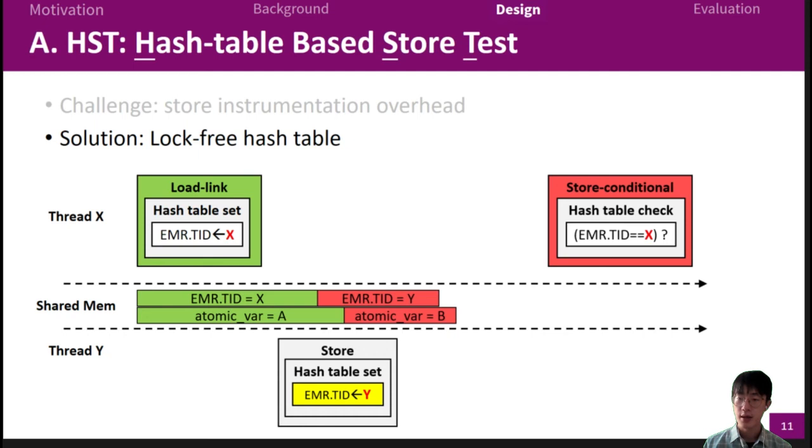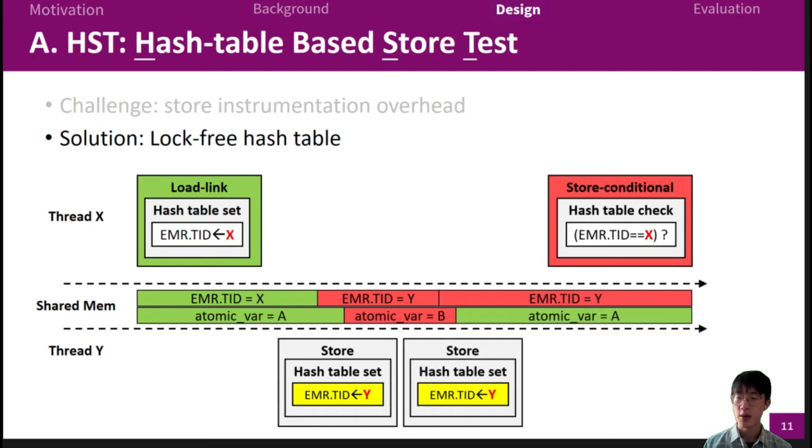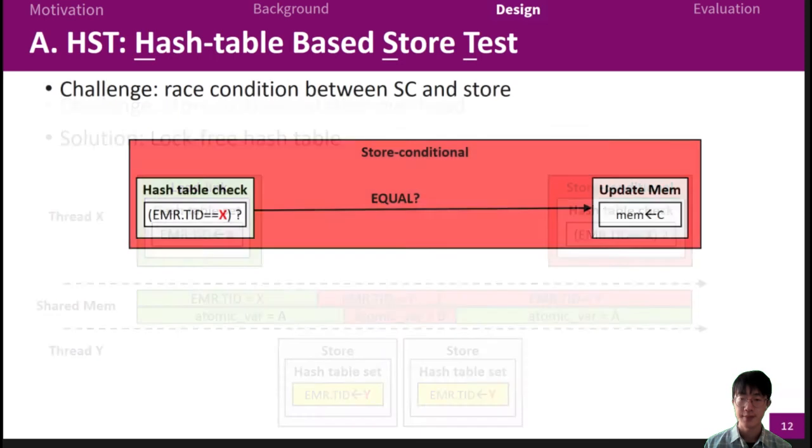If another store writes the atomic variable back to A, the store conditional would notice that the EMR TID has changed, and infer that another thread touched the atomic variable, so it fails.